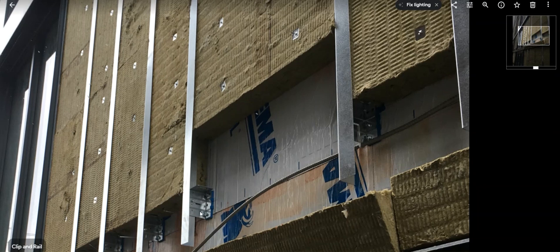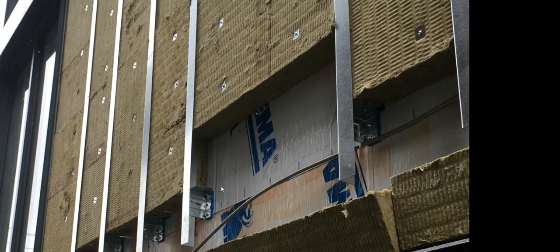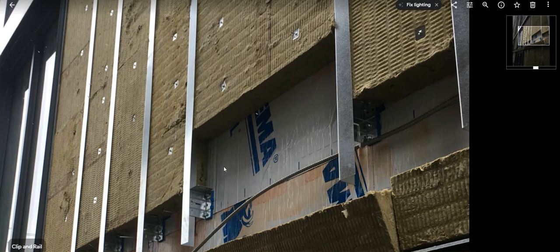Instead of having a continuous Z-girt going through the insulation, we've now gone to these clip and rail systems. Most of them are metal, but they have a low conductance spacer between the metal and the sheathing, which is kind of interesting because the sheathing itself acts like a thermal break, I suppose.